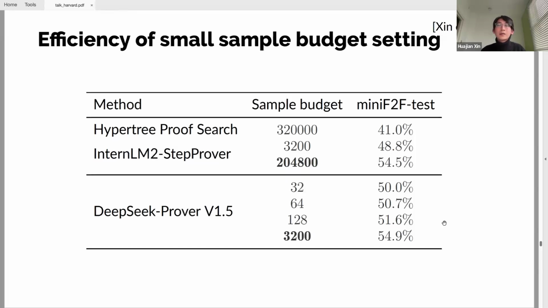If we require a large-scale heavy tree search procedure, we may need to generate multiple samples to solve one problem that maybe requires, for example, 6 tactic steps to solve.